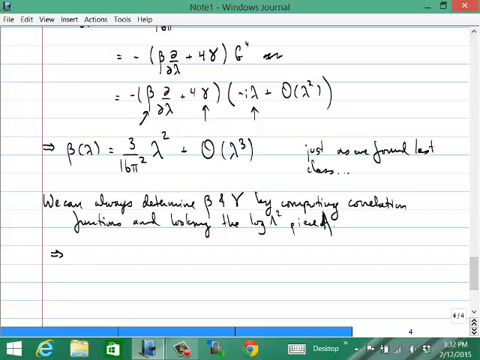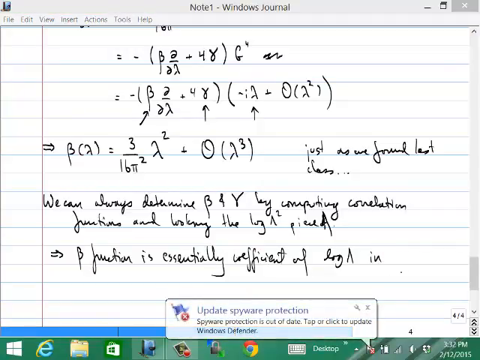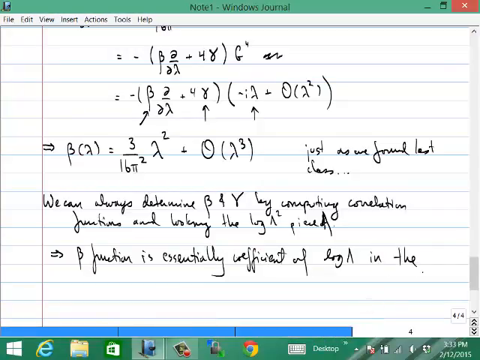So the beta function is the coefficient of the log lambda divergence in the 4-point function. So, for example, if you were looking at phi cubed theory in 6 dimensions, that's another case where you have a dimensionless coupling, then the beta function is the coefficient of the log lambda divergence in the 3-point function of the scalar field.